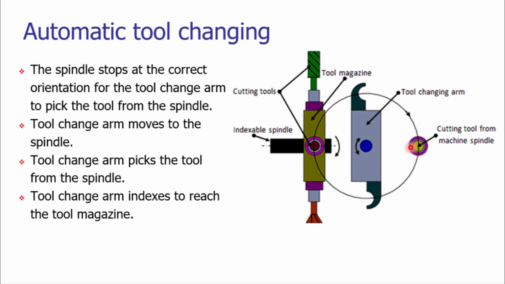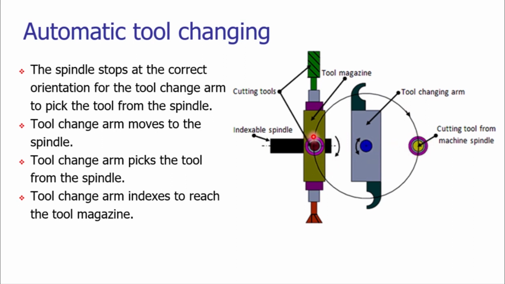Picking up of the tool from the spindle. At the same time, the other end of the arm is getting engaged with the tool that is to be put in the machine table. So this tool is to be utilized when we are taking out this particular tool.